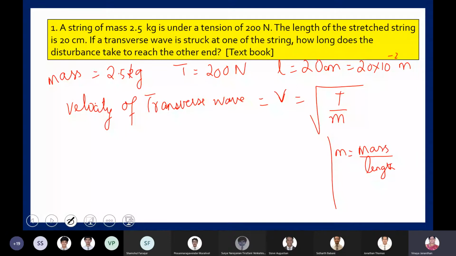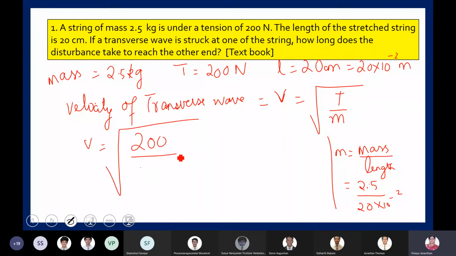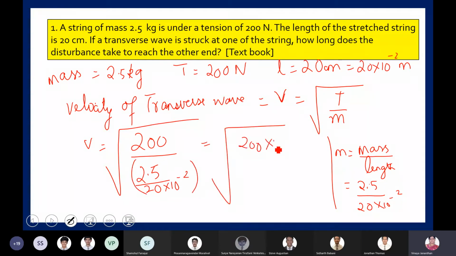The mass is 2.5, length is 20 into 10 to the power of minus 2. So v becomes root of 200 divided by 2.5 divided by 20 into 10 to the power of minus 2. So that becomes 200 into 10 to the power of plus 2 divided by 2.5.